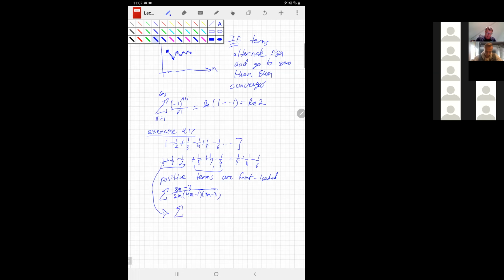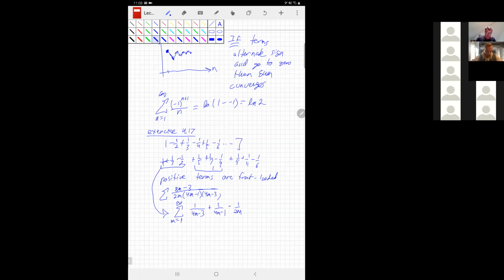So we wind up getting the sum from m equals 1 to infinity of 1 over 4m minus 3. So if m equals 1, we've got 4 times 1 minus 3, that's 1 over 1, plus 1 over 4m minus 1. If m equals 1, 4 times 1 is 4, minus 1 is 3, minus 1 over 2m.